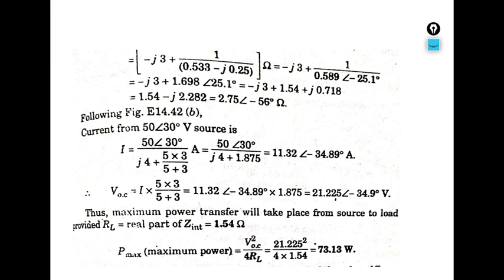If we do not have any idea about the load impedance, then we can take the complex conjugate, and from this we can take the real part where the power will be dissipated. So we can find out what amount of maximum power will be obtained in this resistor. Okay.